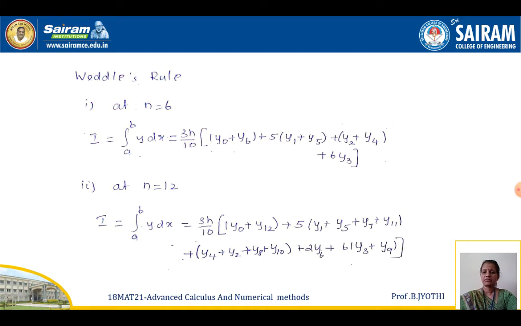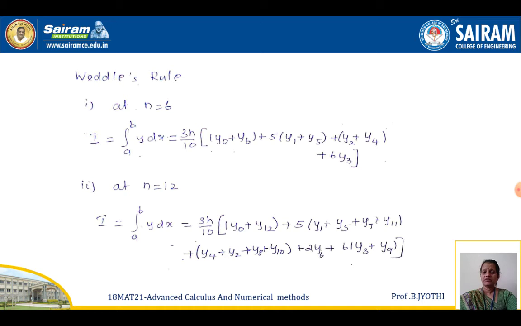It is given by I = ∫ from a to b of y dx = 3h/10 [y0 + y6 + 5(y1 + y5) + (y2 + y4) + 6y3]. This is the formula which can be used to find the integral when the interval is divided into 6 parts.